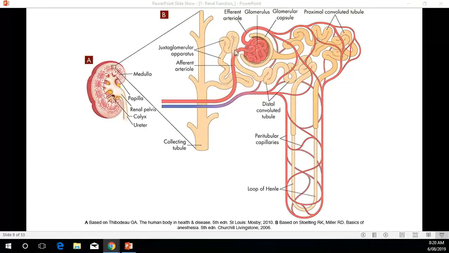And this is where you have certain cells which make certain chemicals or hormones, and I will discuss this later. So remember that. Distal tubule comes in very close proximity to afferent arteriole just before it enters the Bowman's capsule.